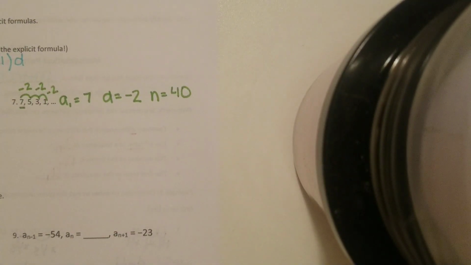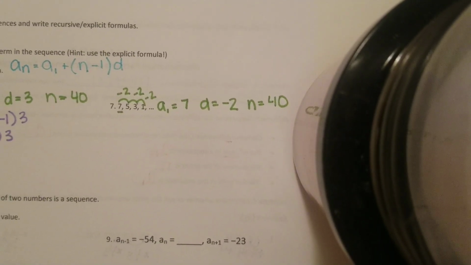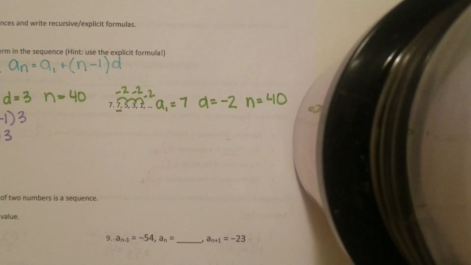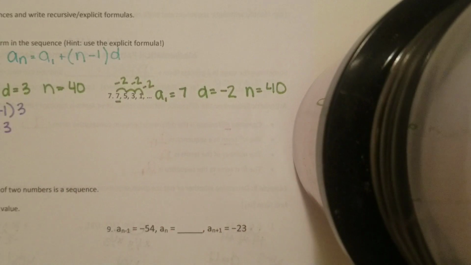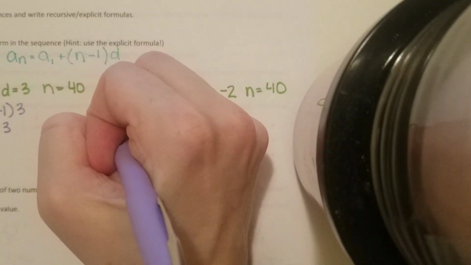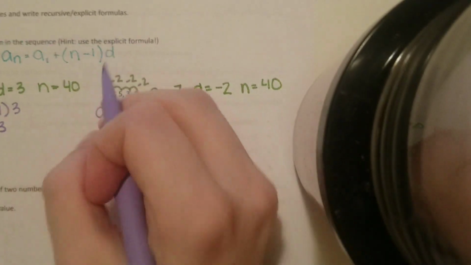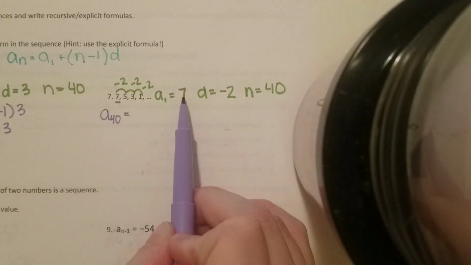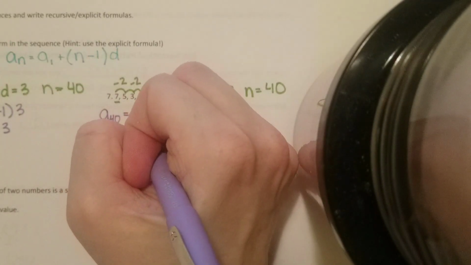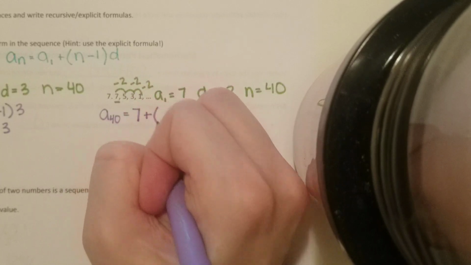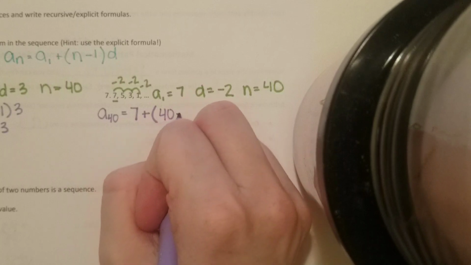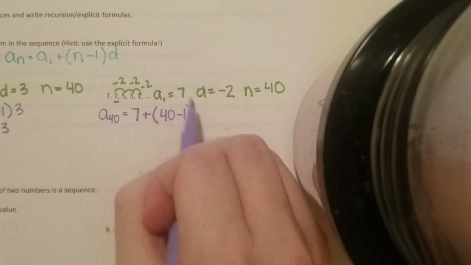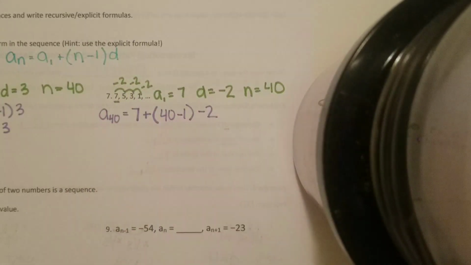All right, so we're going to plug it into the equation that's listed above in blue. So a sub n, we are still looking for term 40, so it's going to be a40 equals our a sub 1, which we said was 7, plus our n, which we still said was 40, minus 1, and then times our d, which is negative 2.